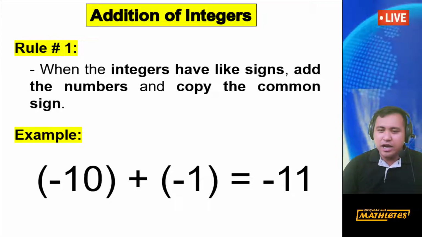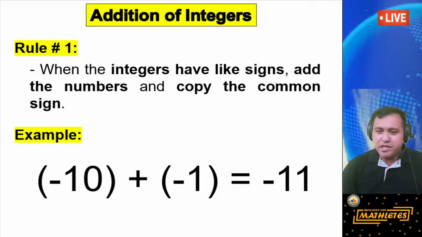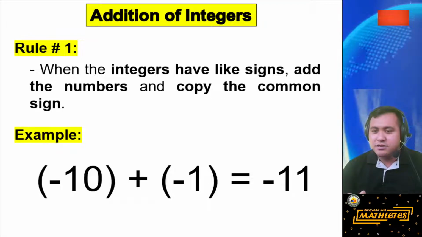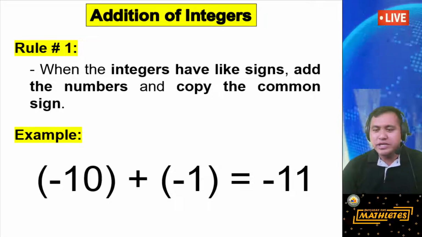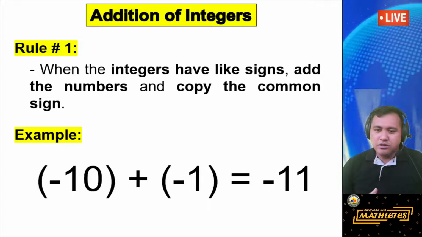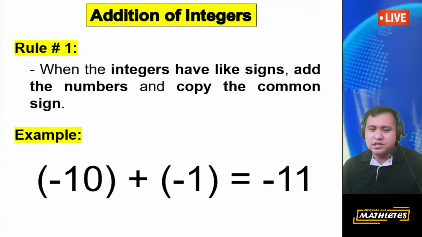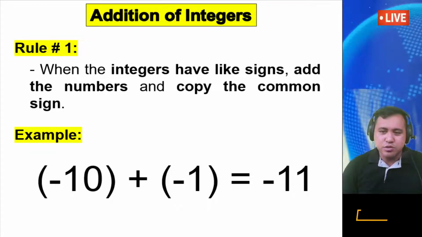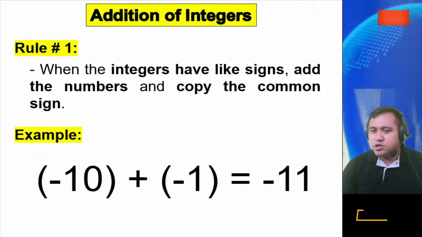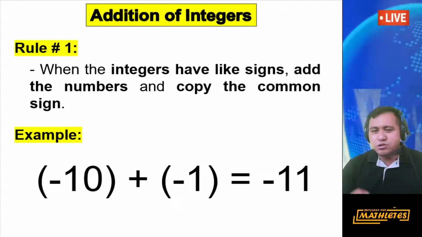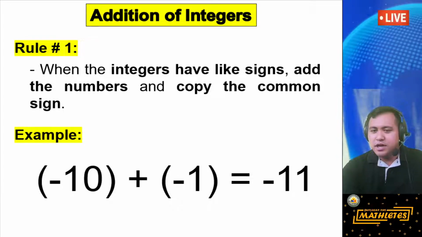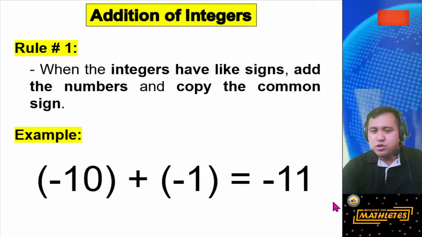That negative number will represent our debt or utang. For example, ang atong utang is negative 10. Gidugangan nato ang utang og piso. Siyempre pareho man to utang, so dugang. So we have negative 11 na ang atong utang.